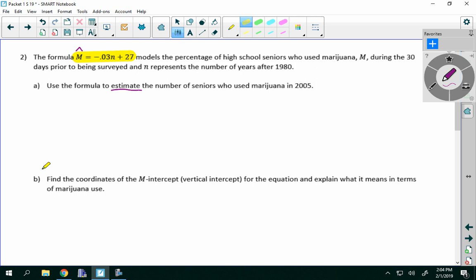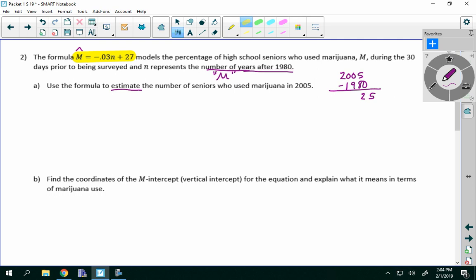So in order to estimate the number of seniors who used marijuana, remember, that is finding the value for M, we need to know the value for N, the number of years after 1980. So to do that, we take 2005, which is the year we're interested in, and we subtract from that our base year, 1980.